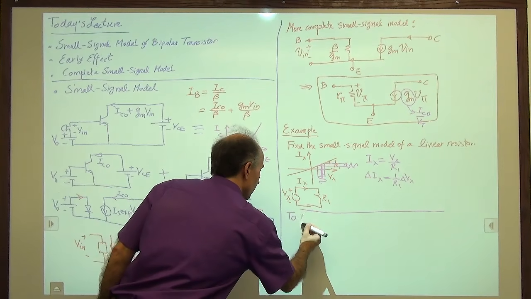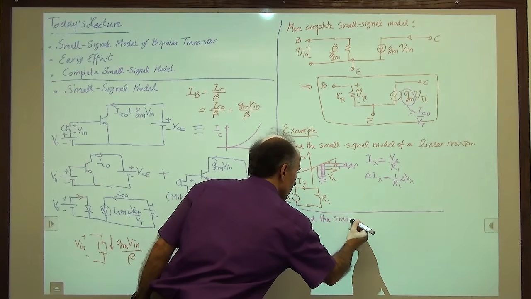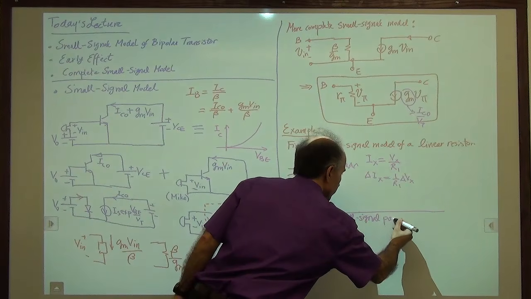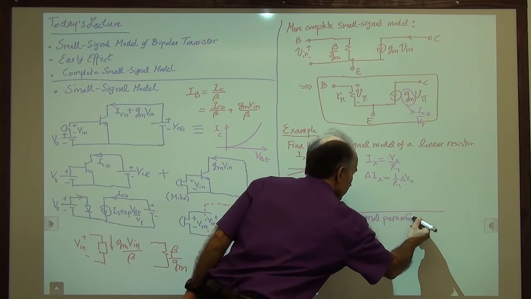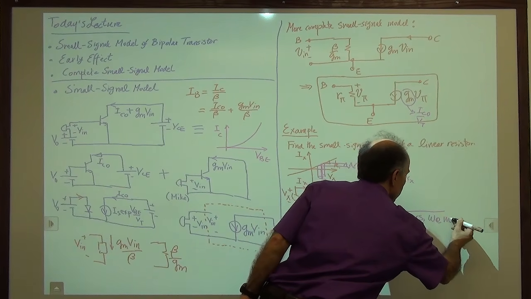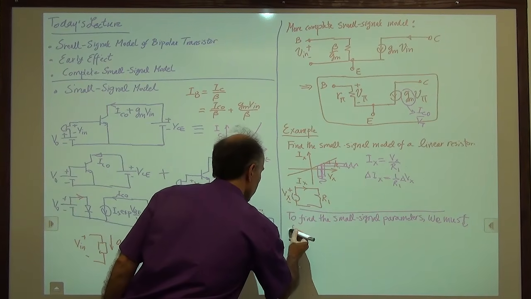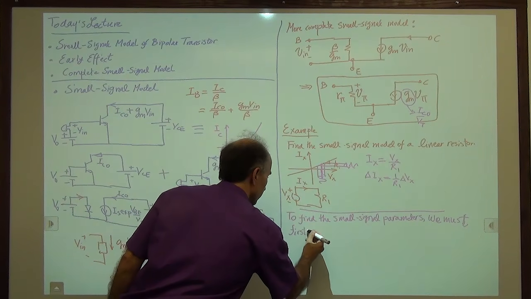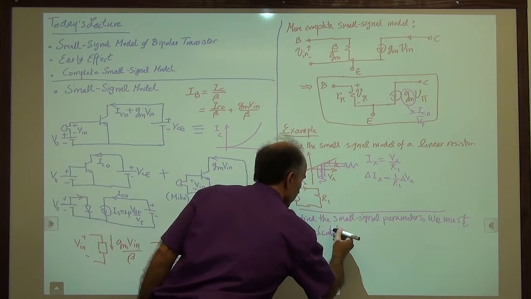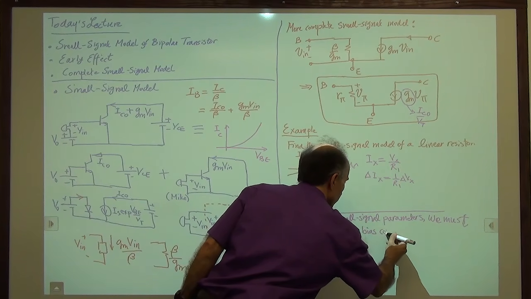So to find the small signal parameters, we must first calculate the bias conditions.